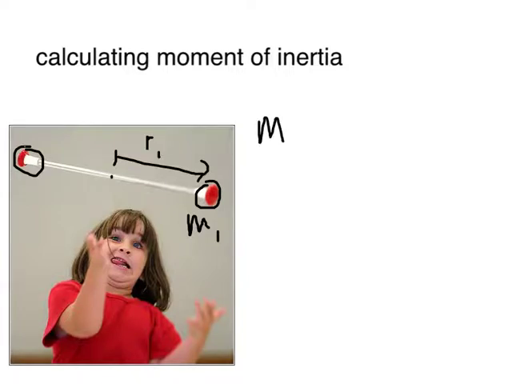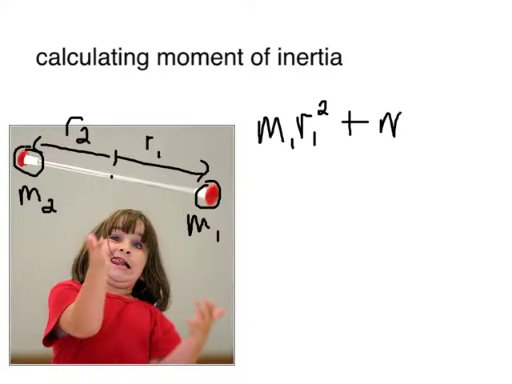So the product of mass 1 times r1 squared. Add to that, I have mass 2 over here and r2 is its distance from the center of rotation. So m2 r2 squared. This is going to be equal to I, or the moment of inertia.